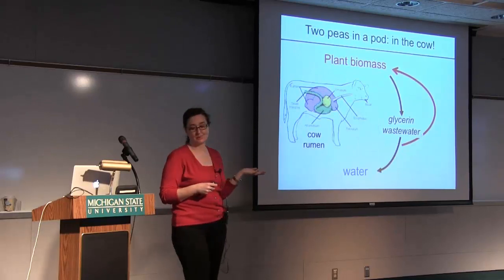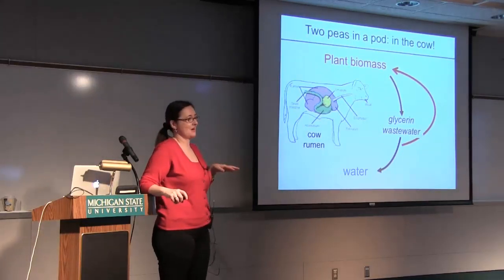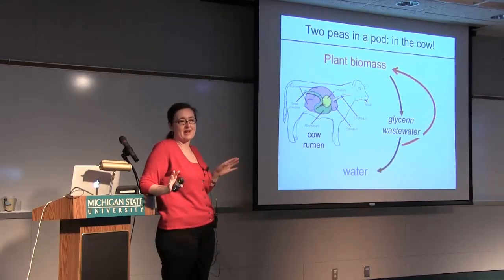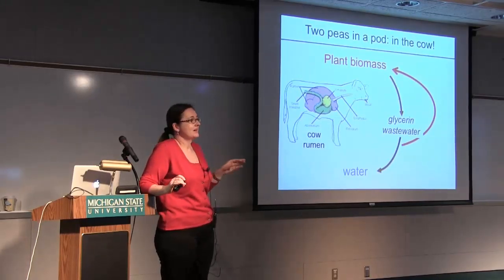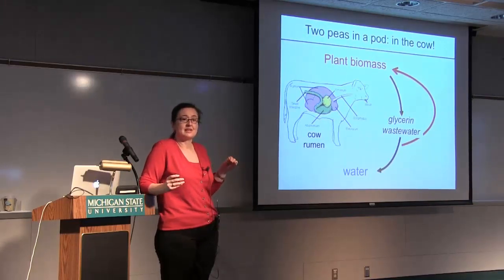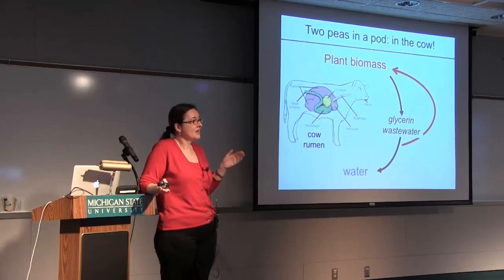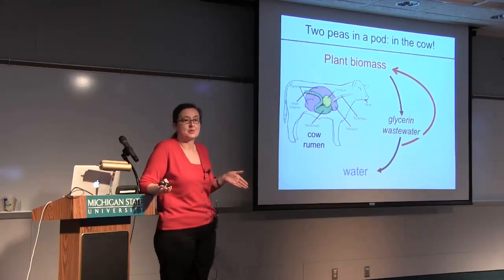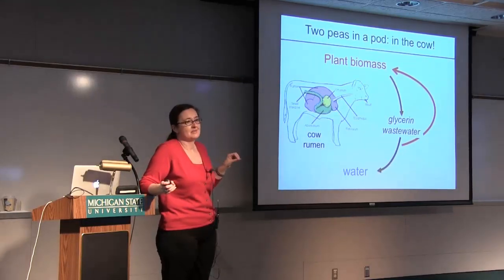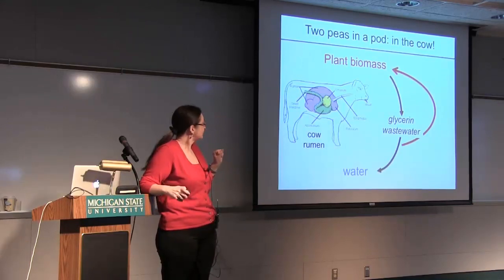And where did we look for alternatives? We went to the cow. We actually are environmental microbiologists, and we love to go to the environment and see where in nature these processes that we are going to try to introduce in an industrial setup are performed by microbes naturally. And so it happens that inside the rumen of the cow are many of these very interesting processes that we like to harvest.